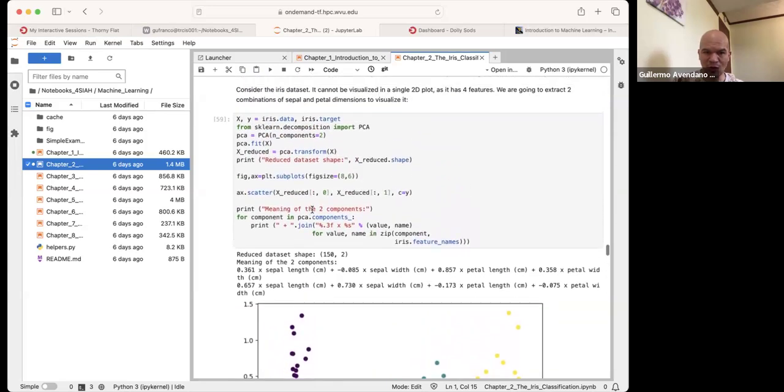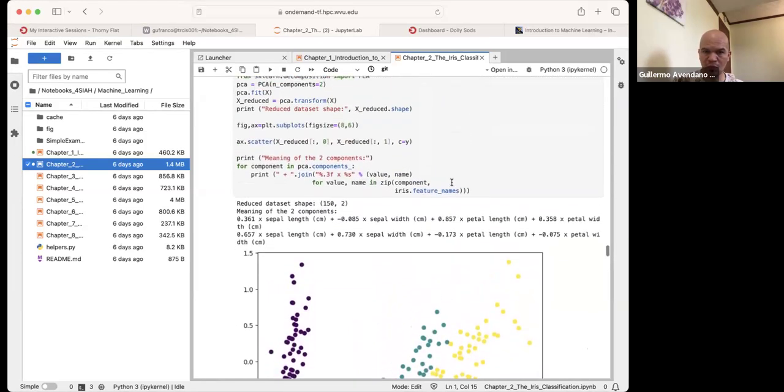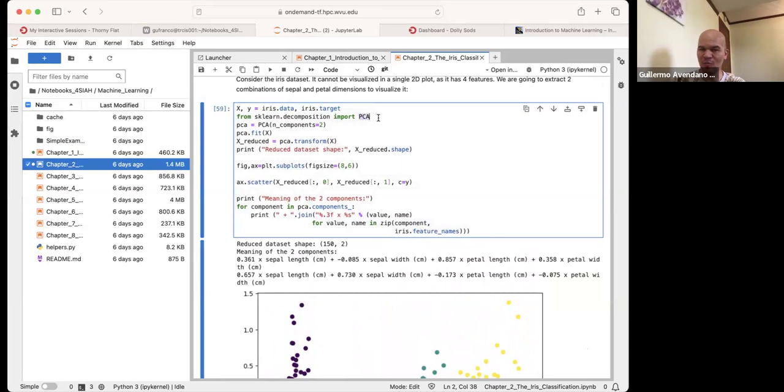So we will be using something called PCA, principal component analysis. This is another model that is included in scikit-learn, in the decomposition module. We offer it the columns, and it will transform those columns to get a reduced version of them.